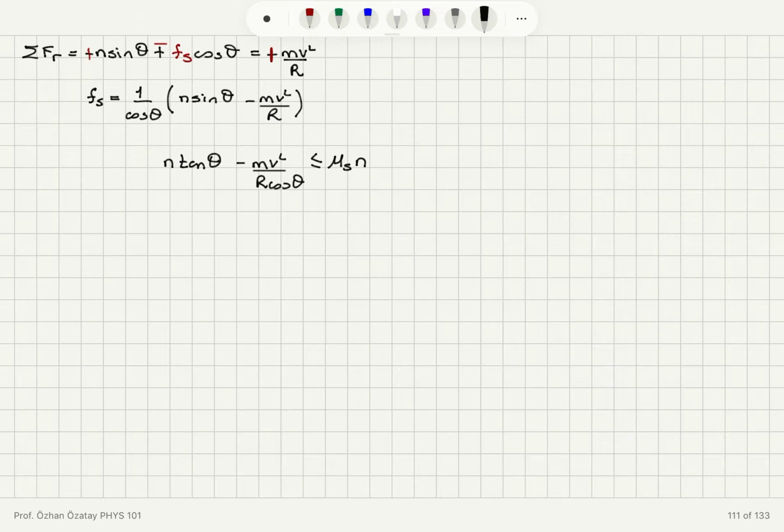So if I put this in the normal force parentheses, this is normal force tangent theta minus mu s is less or equal to mv square divided by r cosine theta, and that gives me n tangent theta minus mu s.